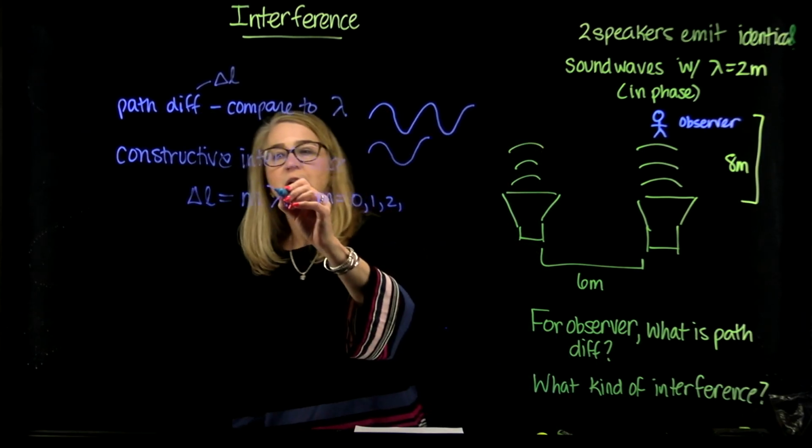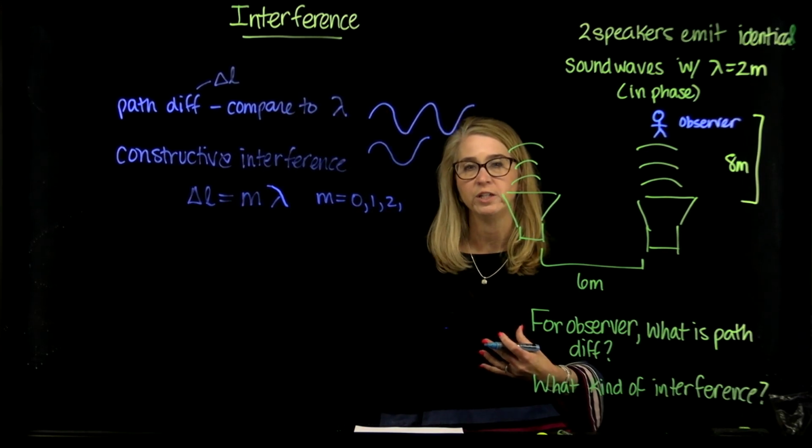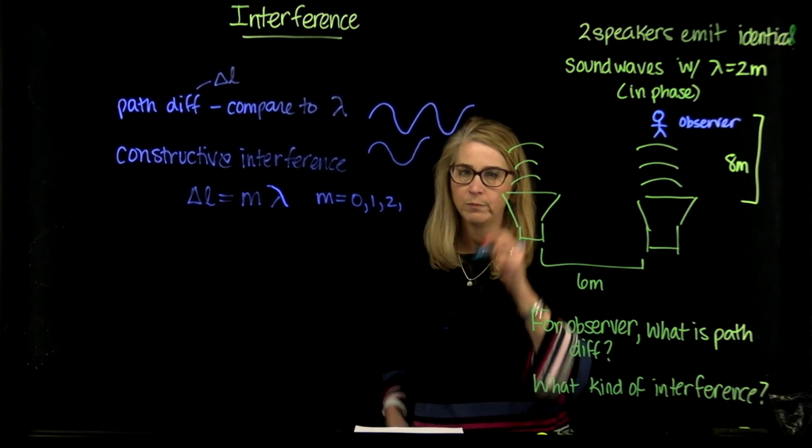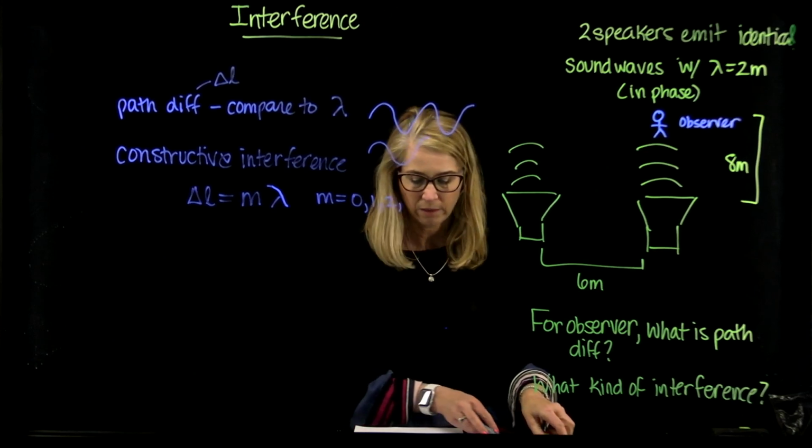If it's equal to some half a wavelength, then we actually have destructive interference. So that's sort of the general idea that we're approaching this problem with.